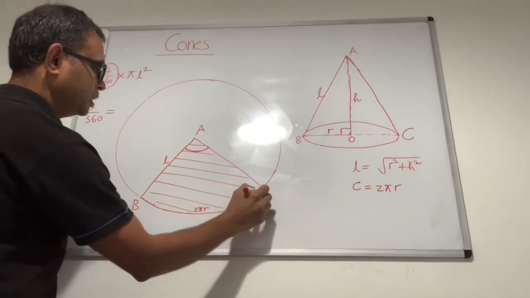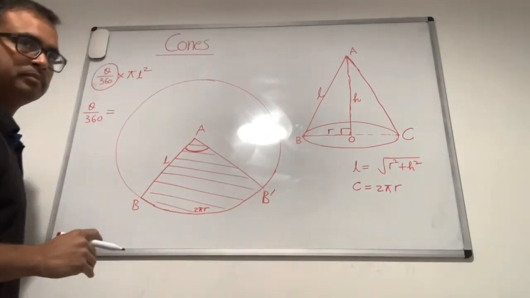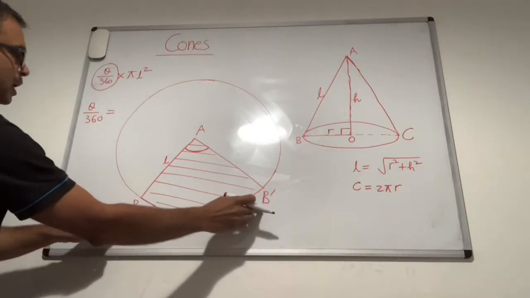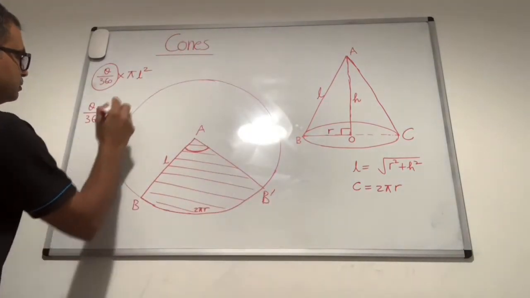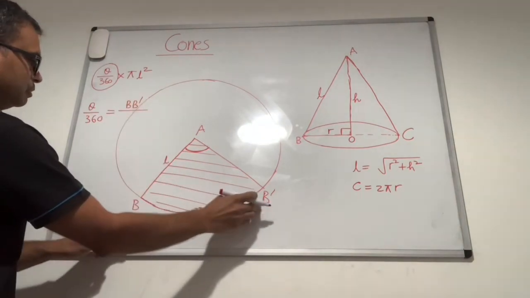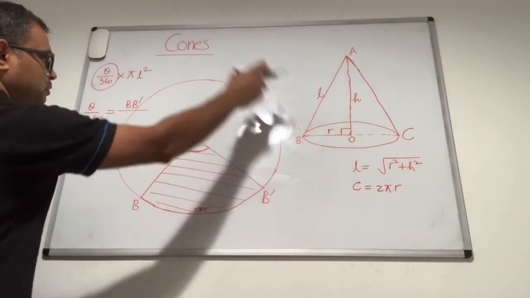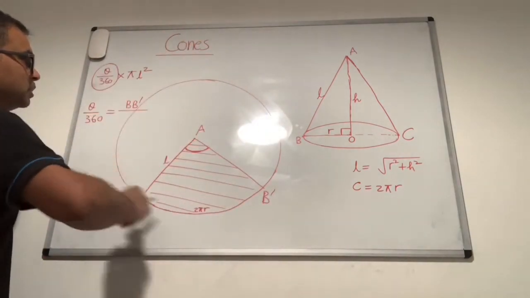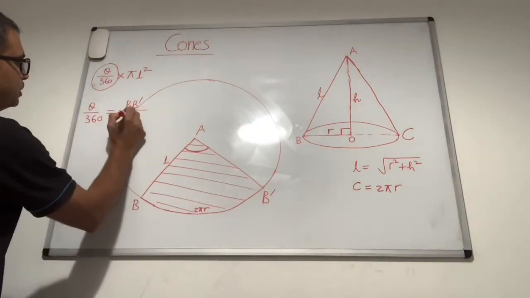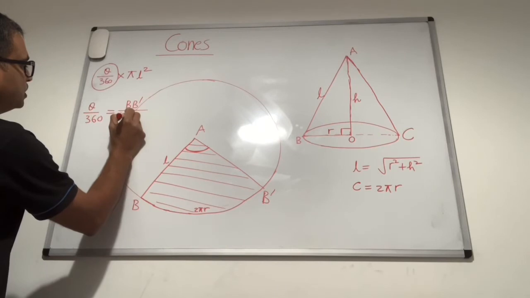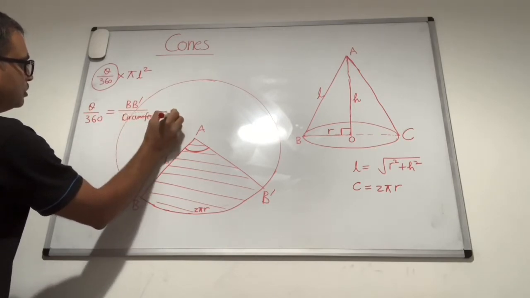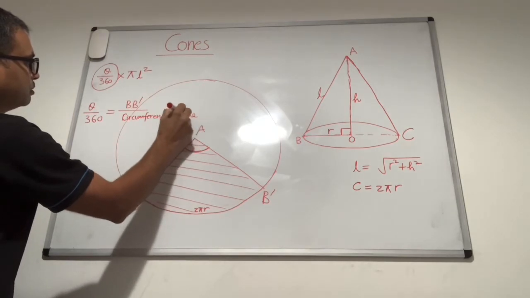A, B and B dash, because I said it will overlap. This arc length BB dash to the total perimeter of this circle, or you can say circumference of the circle.